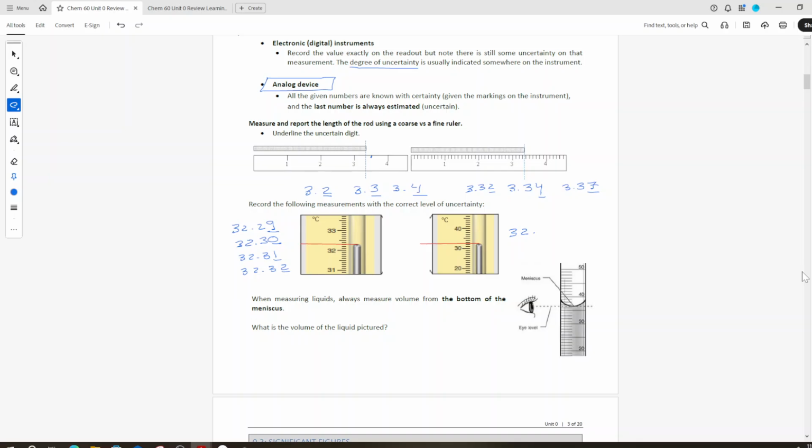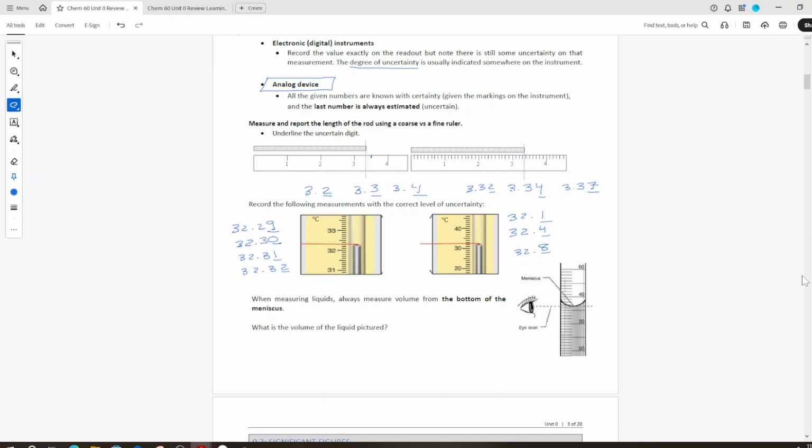So again, maybe this one is 32.4. The closer the division lines are together, the harder it is to estimate. So again, if you said anywhere from like a 32.1 up to a 32 point, I don't know, even 8, right? I don't care. What I care about is that you've tried your best to be as precise as possible and that you've collected your data to 1 decimal place.